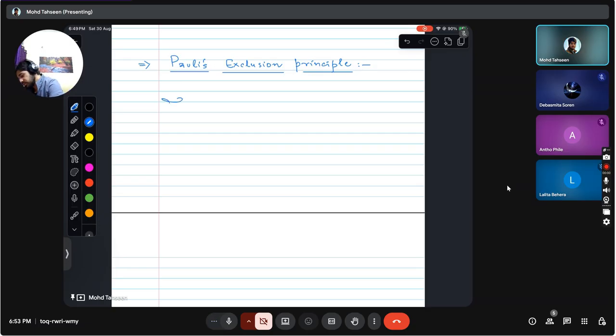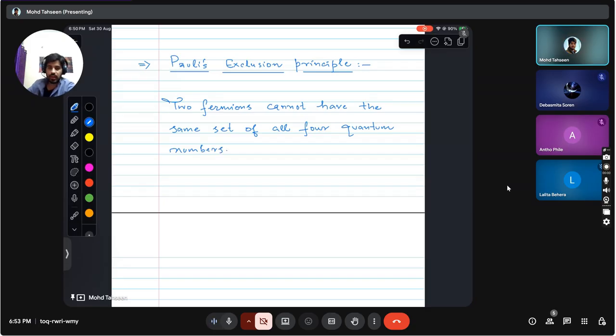So, two fermions cannot have the same set of all four quantum numbers. Right?